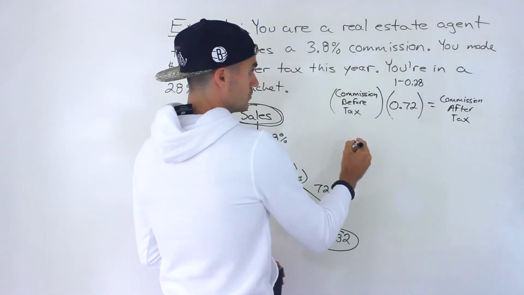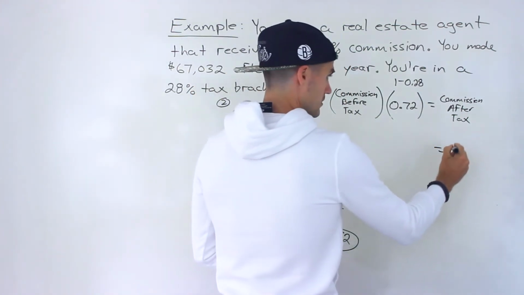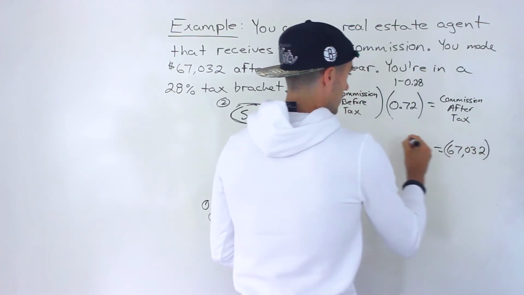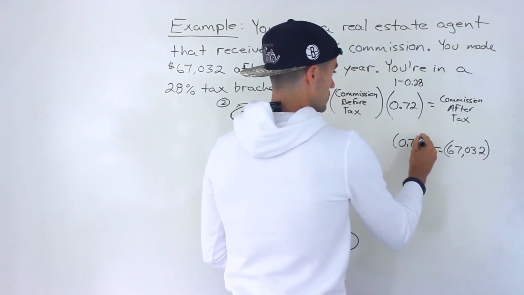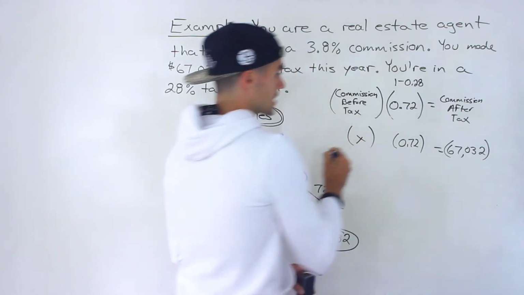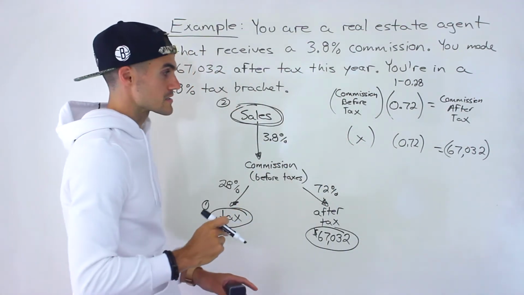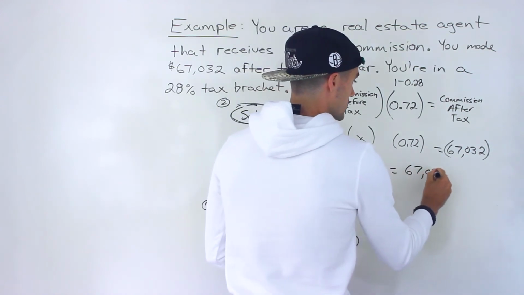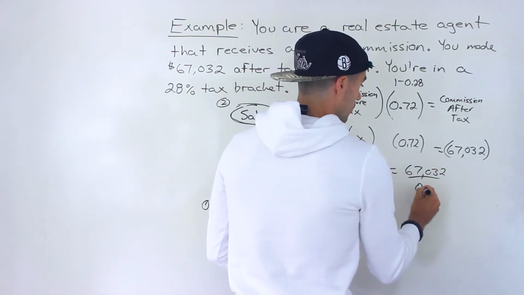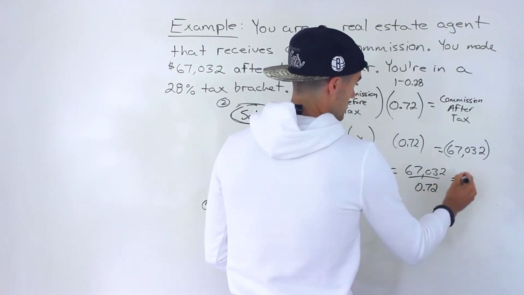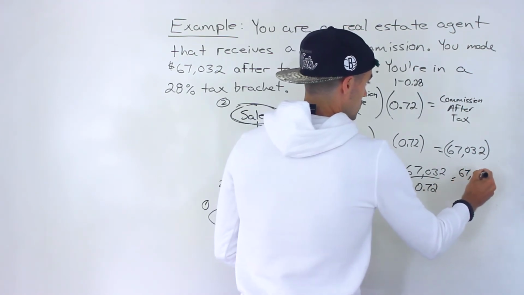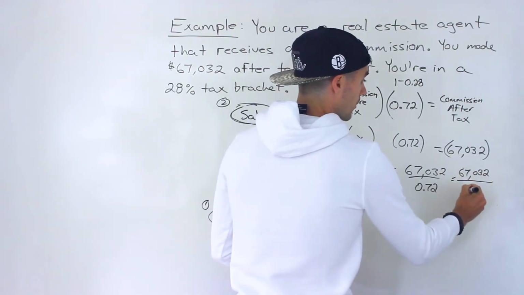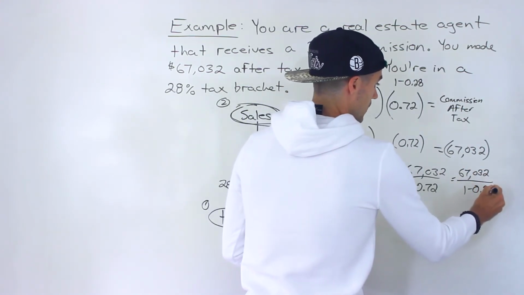Now we know the commission after tax. It's $67,032. That's what we're given. This is still 0.72, and the commission before tax we're solving for, so let's put a variable x there. And so x is going to equal 67,032 over 0.72. Or you might see this shown, maybe in some textbooks, as 67,032 divided by 1 minus the tax rate, 0.28.